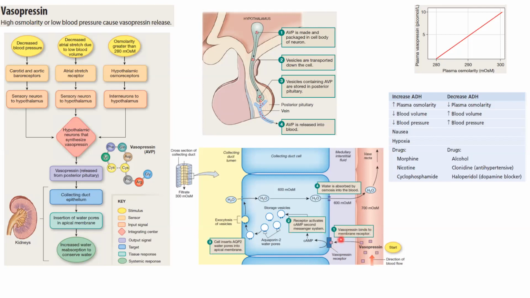So vasopressin binds to its membrane receptor. There is an intracellular change which is mediated by cyclic AMP, and that basically activates the second messenger system, which you will read in detail about in endocrinology. But let me just say that second messenger systems are intracellular messenger systems, which are linked with their typical receptors.